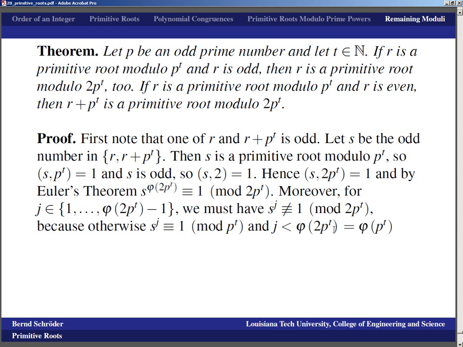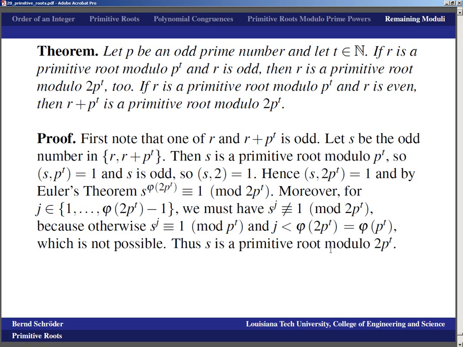Basically, if s to the j was equal to 1 modulo 2p to the t, well then p to the t would divide the difference, so s to the j would be equivalent to 1 modulo p to the t, and j would be smaller than phi of 2p to the t by assumption, but phi of 2p to the t is phi of p to the t, and that is then just not possible.